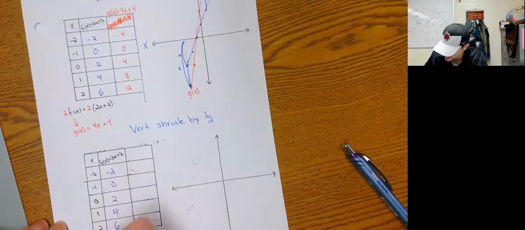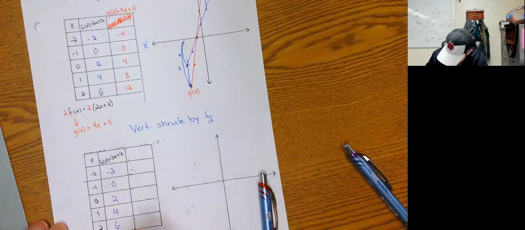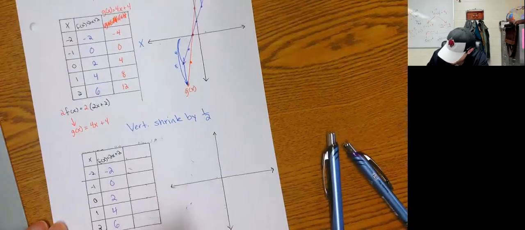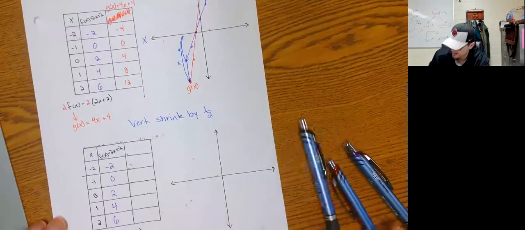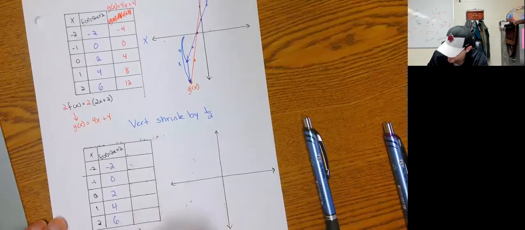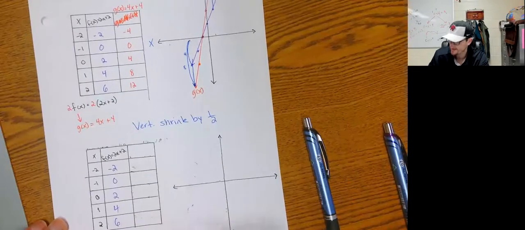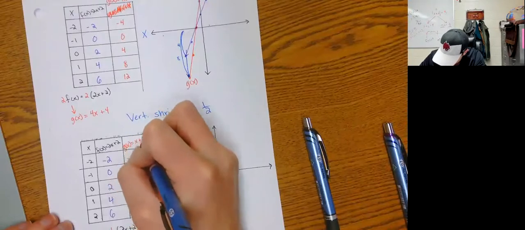We are going to get 1/2 times f of x, because that's what we're multiplying by, equals 1/2 times the entire function, 2x plus 2. We transformed it to be g of x equals 1/2 times 2x is x, 1/2 times 2 is 1. So we get g of x equals x plus 1.